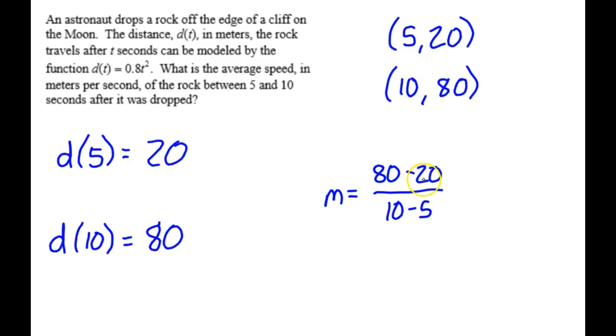So we'd have 80 minus 20 is 60 divided by 5. So the average speed is going to be 12, and then our label is going to be meters per second. So for this rock, the distance it travels between 5 and 10 seconds after it was dropped, the average speed over that interval is 12 meters per second.